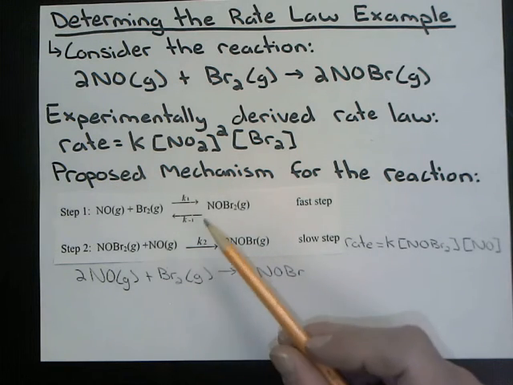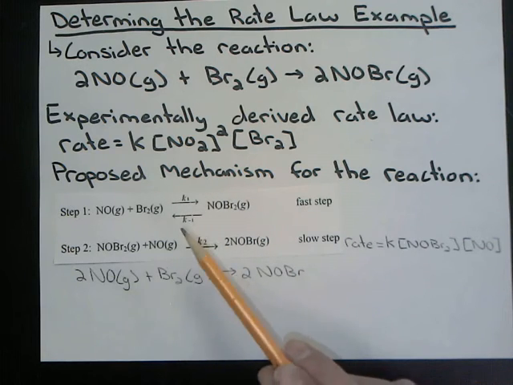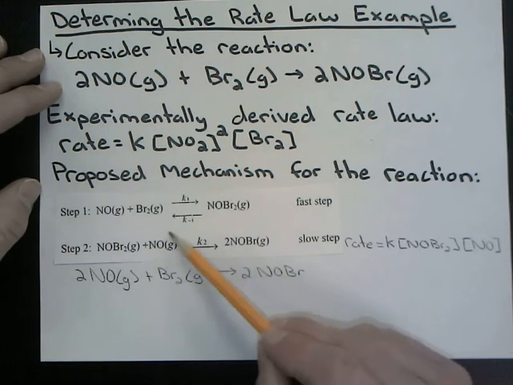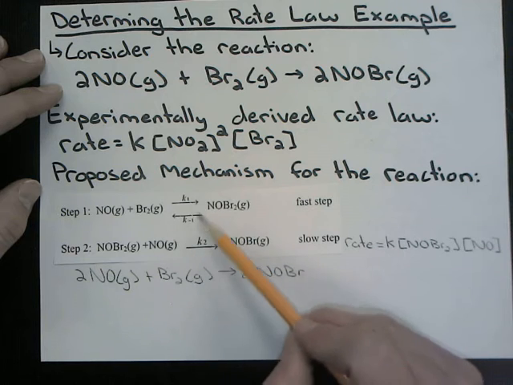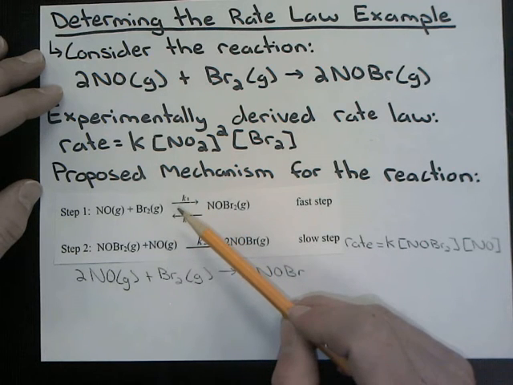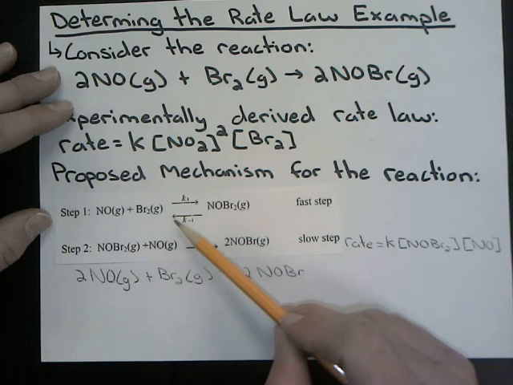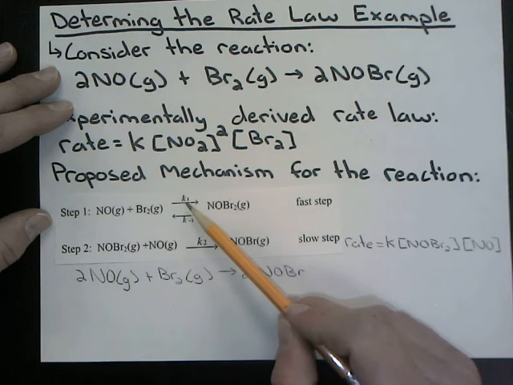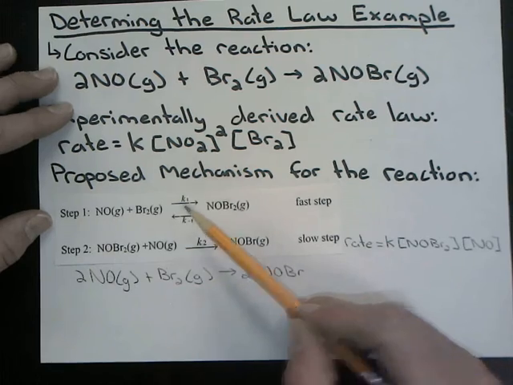But here's this thing, and this is that curveball I was talking about throwing at you. This right here is an equilibrium reaction. So what that means for us is that we could actually have two rate laws equal to each other.